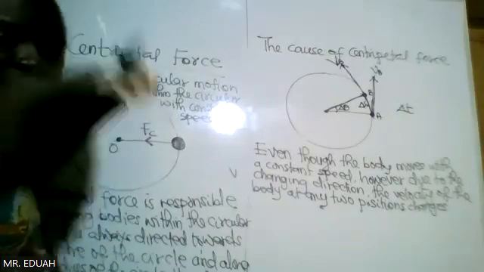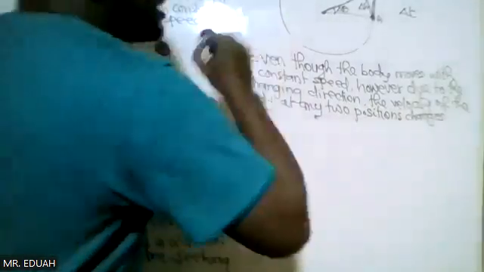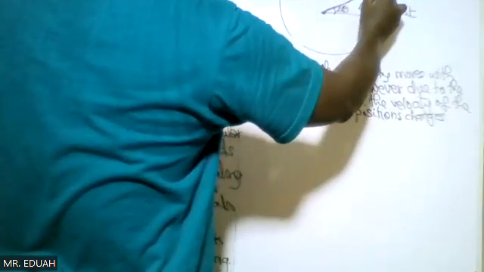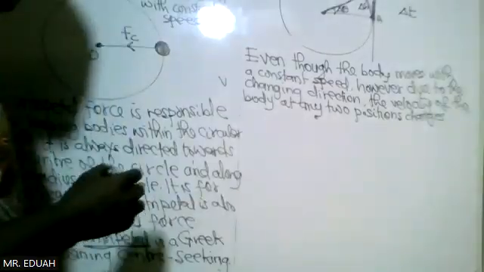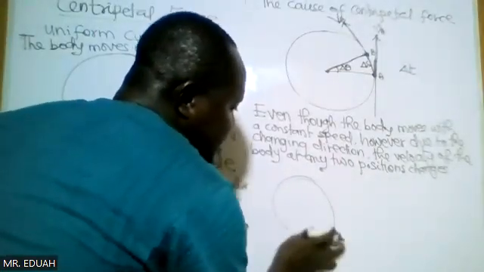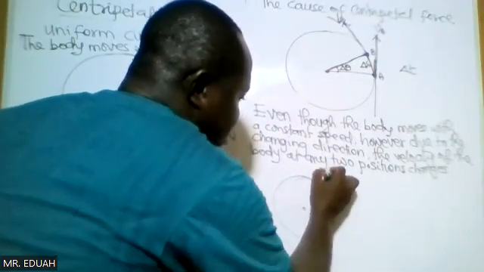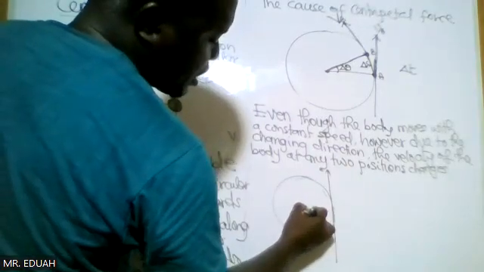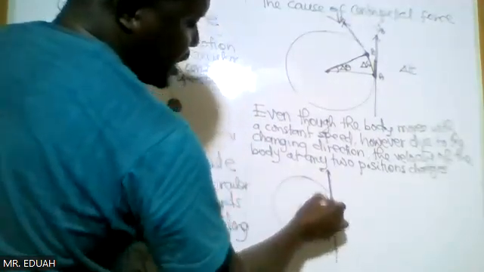So this changing velocity, let me draw. The point is that this velocity at A is tangential to the circle. When a quantity is tangential to the circle, it just touches the circle in such a way that the angle between the radius of the circle and that quantity which just touches the circle is perpendicular.